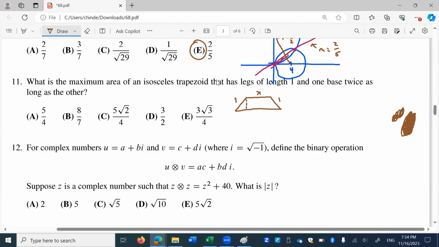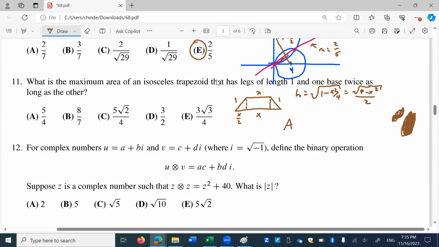So if I drop the height here, then this should be x, and each one of these should be half x by the symmetry of being isosceles. And so the height is going to be the square root of 1 minus x squared over 4, which I'll write as the square root of 4 minus x squared over 2.